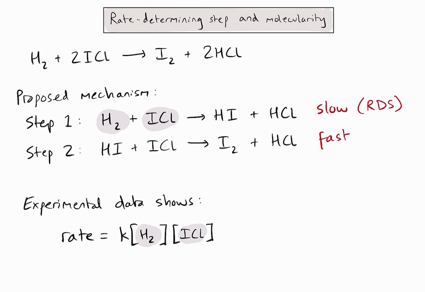Because this slow step contains two particles or two molecules, we describe it as bimolecular, and you might notice that the rate expression, which also contains just two molecules, tells us the same thing.